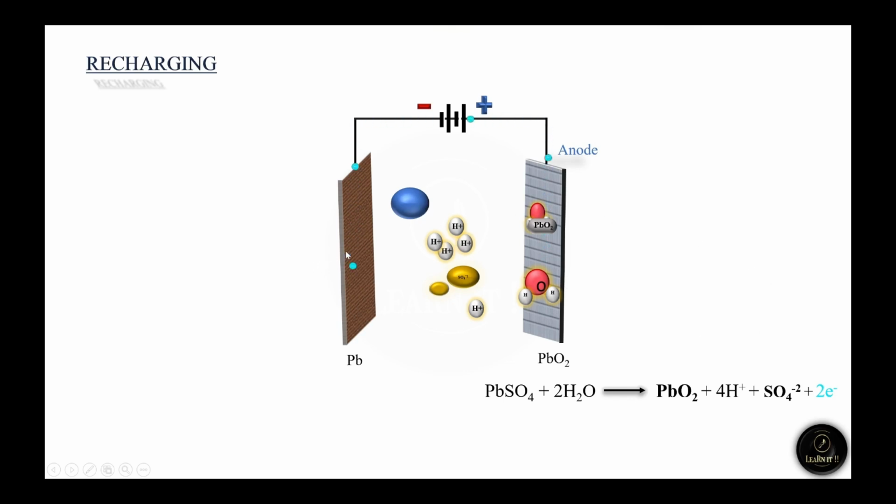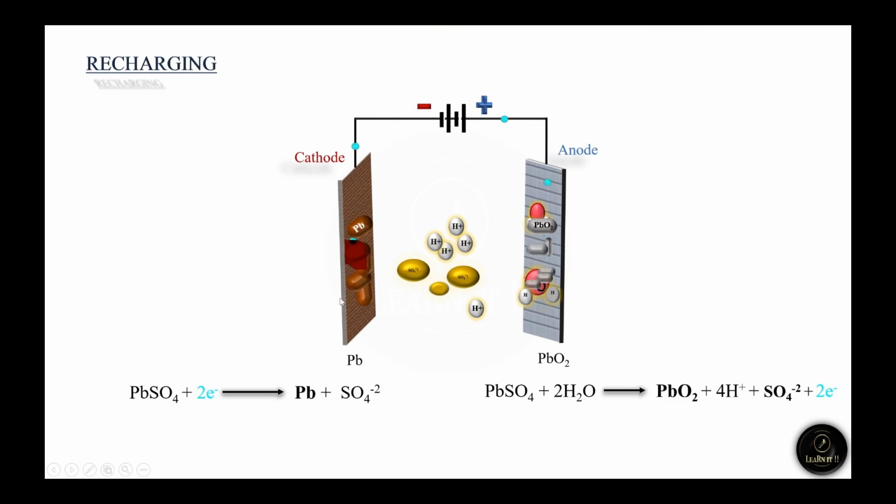With respect to the lead plate, which is getting the electrons from the battery, lead sulfate will consume those electrons to become lead and SO4 2- ions. Those SO4 2- ions will move towards the electrolyte and lead will be deposited on the cathode, or lead plate.